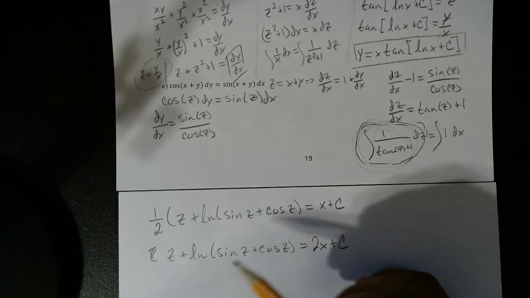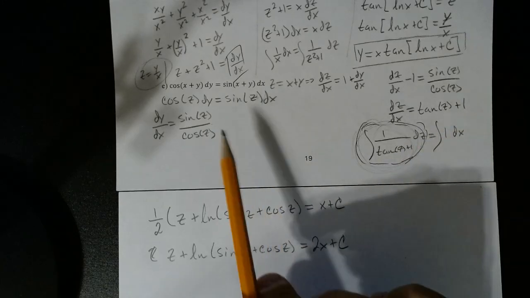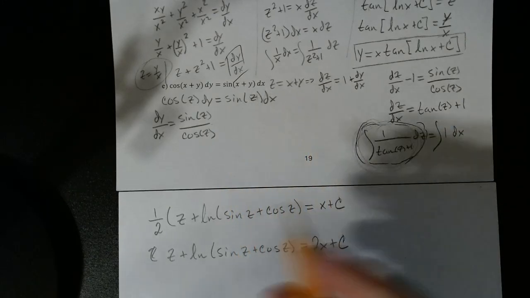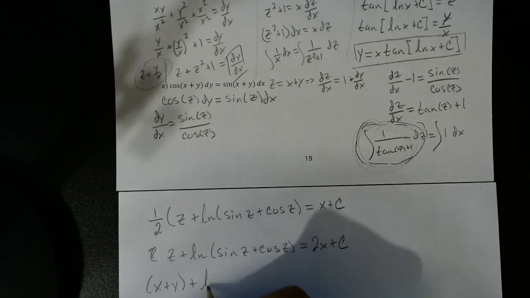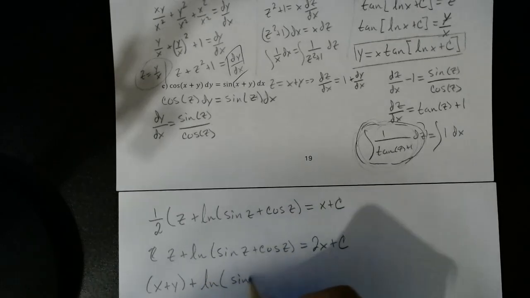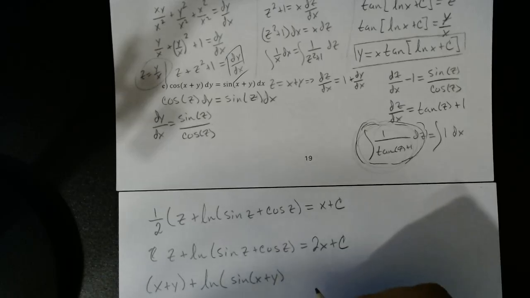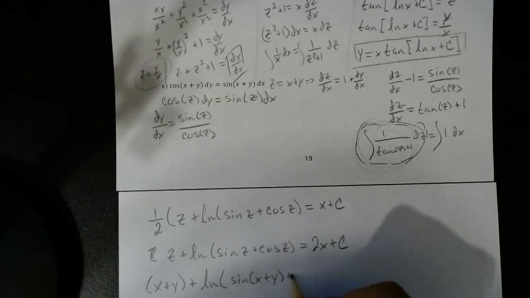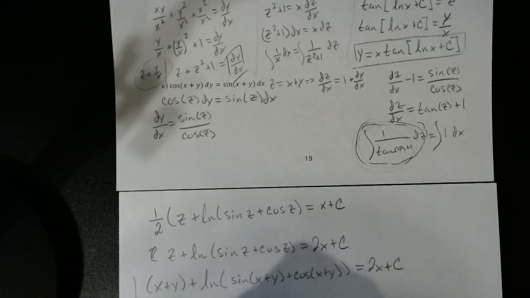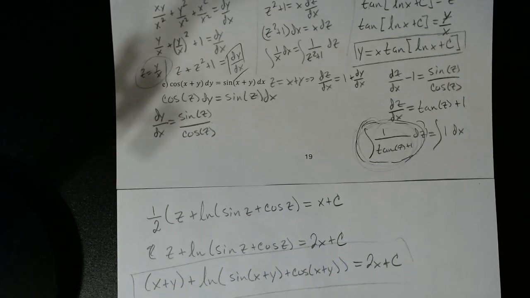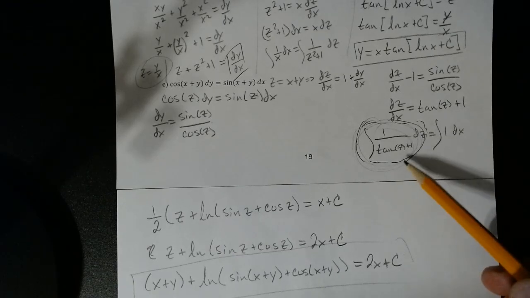And now resubstituting what z was to begin with, which was just x plus y. And this is, again, all we can really do. Not so fun because of this partial fraction one.